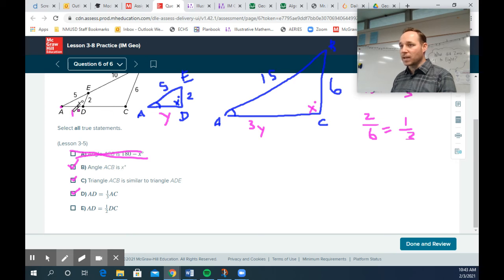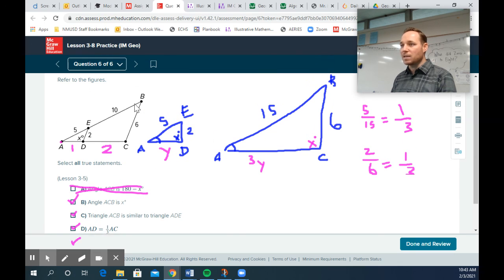If that's true, then that's 1. Then this side here, if this is 1, then this side would have to be 3, which makes this portion of it 2. So yeah, I would say this one is true as well, because AD has to be exactly 1/2 of DC. Just like, scroll this up, just like EB is twice as big as AE, because that piece there is included when we look at it as 3.